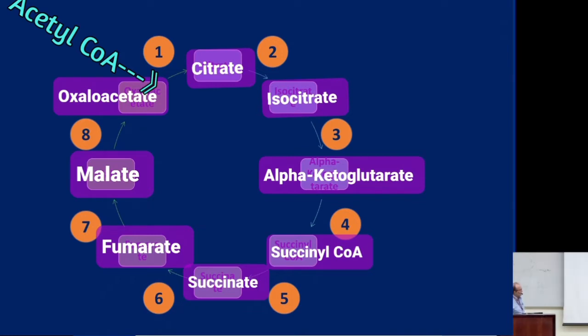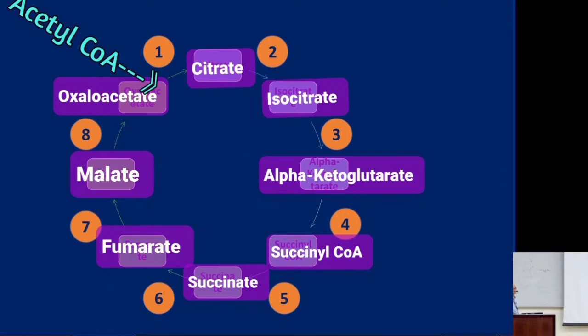We've already covered oxaloacetate in gluconeogenesis, but this is oxaloacetate that is going to condense with the 2 carbons there to form the first important intermediate in the TCA cycle, citric acid or citrate. So you add 2 plus 4, that gives you 6 carbons.